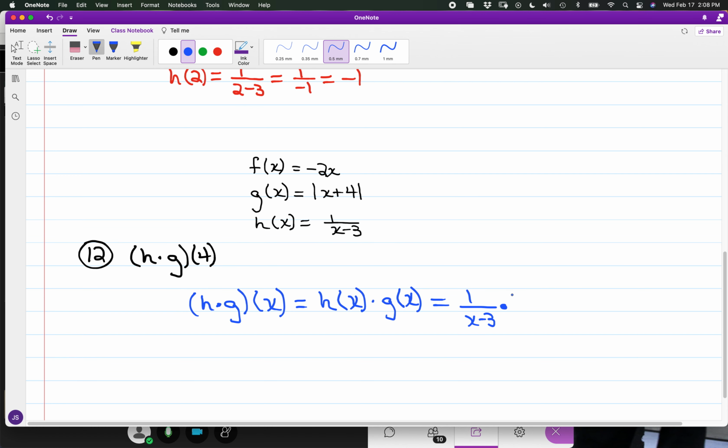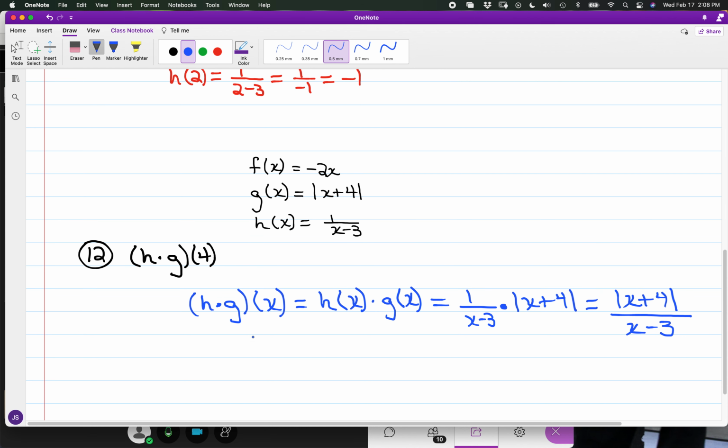And we have g of x, which we have as the absolute value of x plus 4. And for the product here, we're going to be looking at the absolute value of x plus 4, and then you will have divided by x minus 3.